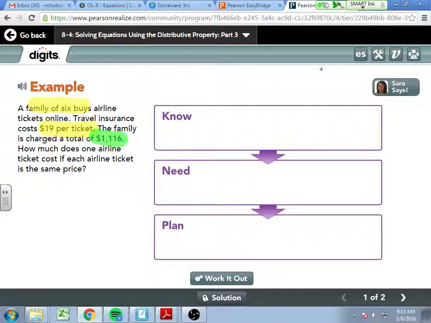For a total charge of $1,116. Can anyone identify what it is here that we don't know? What is it that we are not knowing?